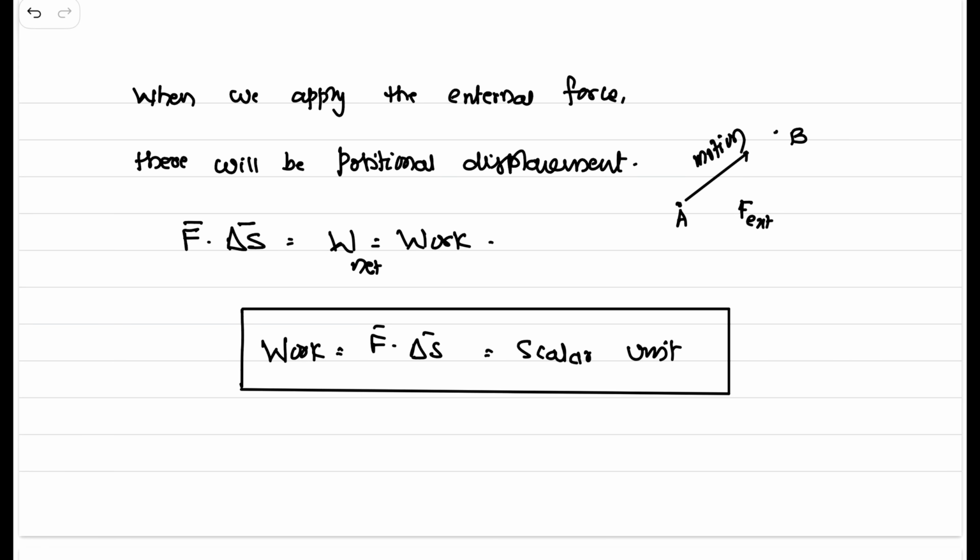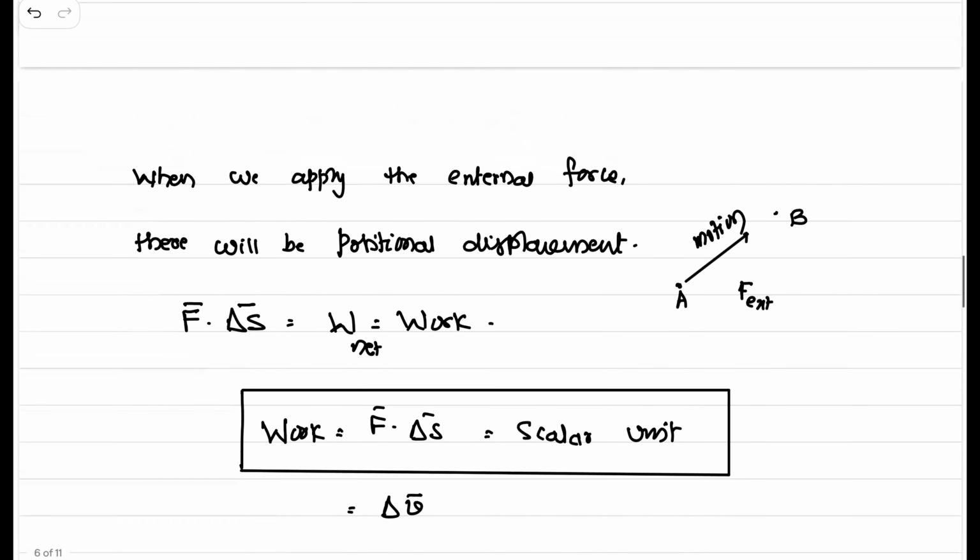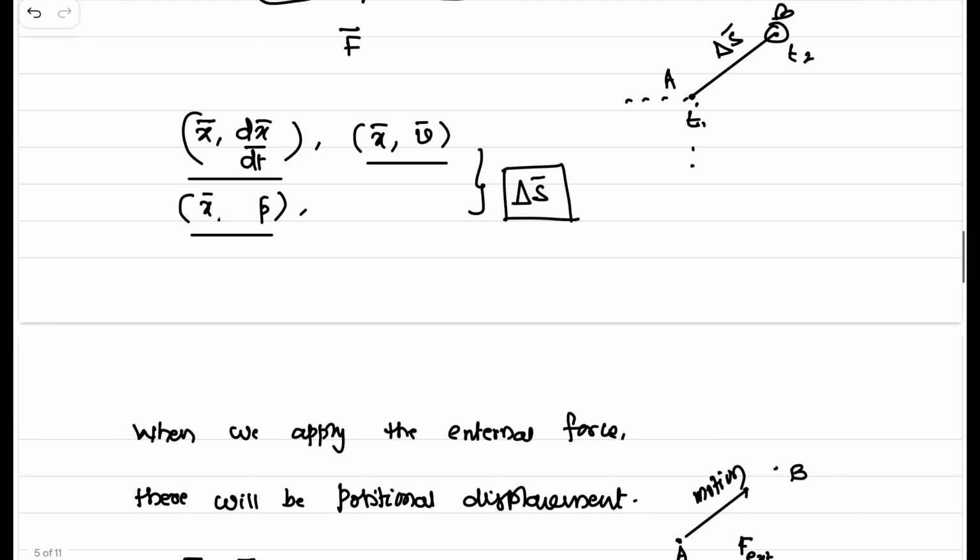Motion in the particle means there is a change in the velocity. Another term I am bringing in, change in velocity. Because we have already discussed that x bar and p bar, that means positional vector and momentum vector, can also define the state of a particle.